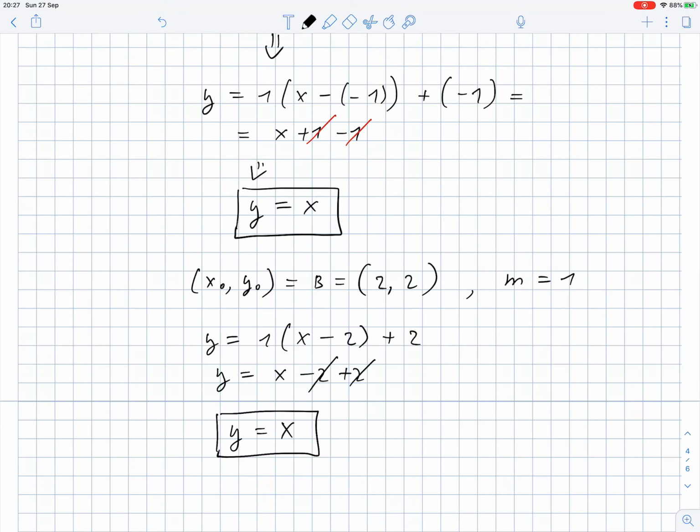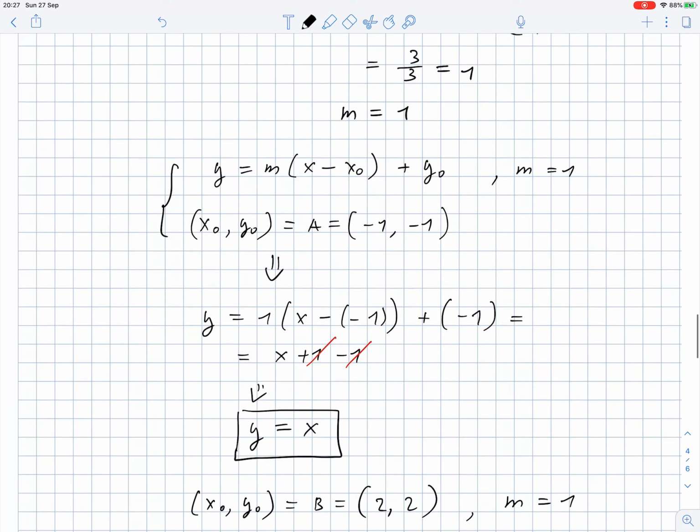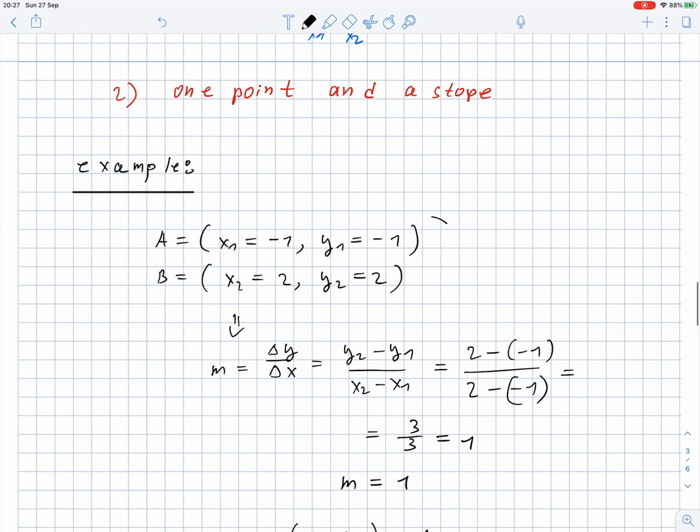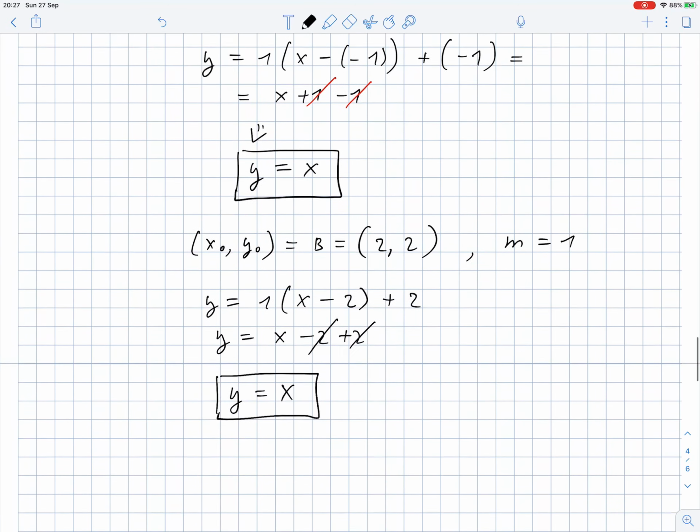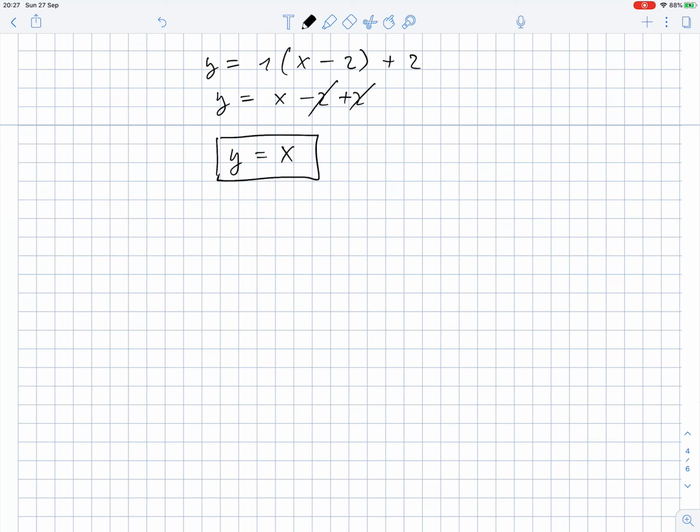Okay, it doesn't matter which of those points you choose, because a and b both belong to the same linear function, to the same line.